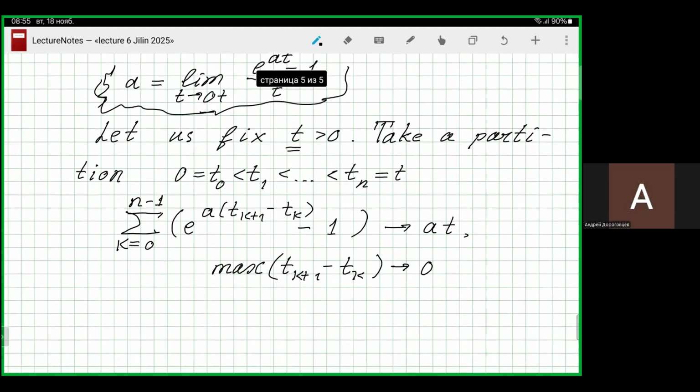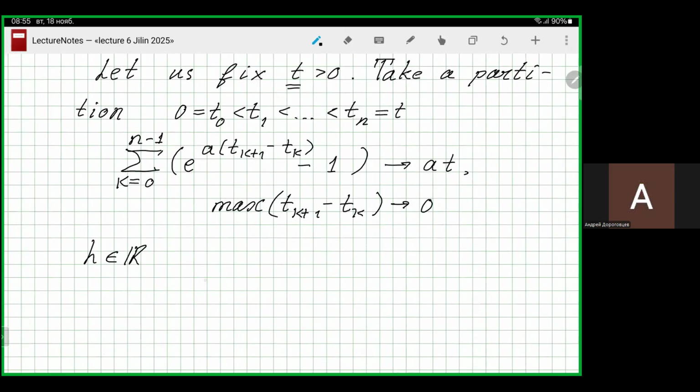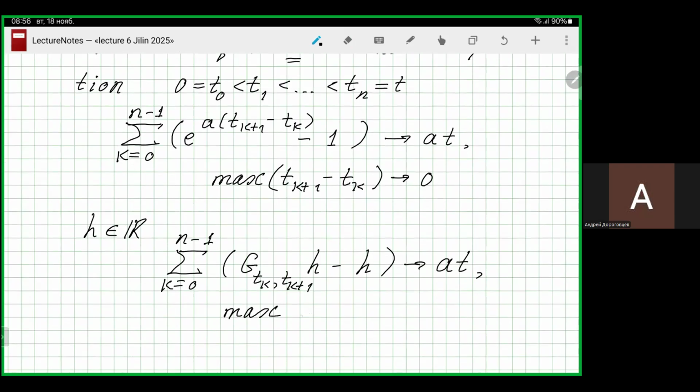At least in this deterministic case, it means that if I take any h, now it is a number, and consider the sum from k equals 0 to n minus 1 of J_{t_k, t_{k+1}} of h minus h, then it will go to aTh when the maximum of t_{k+1} minus t_k tends to 0. That's all.